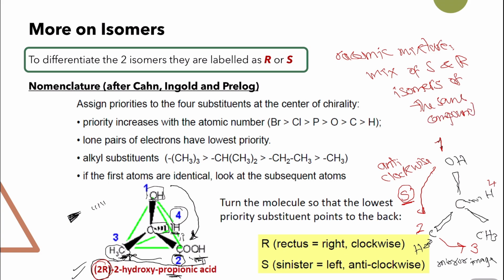You can have only one isomer in a solution or even as a solid or a liquid, or you can have a mixture of both isomers. If you have a mixture of both isomers, then it's called a racemic mixture.